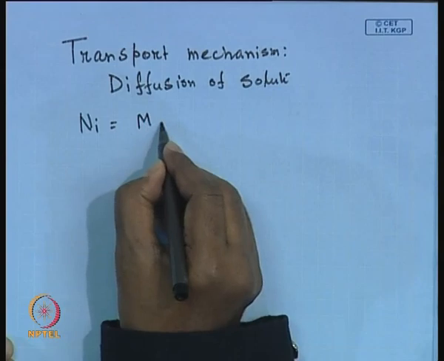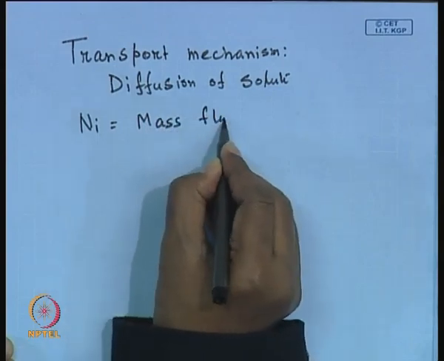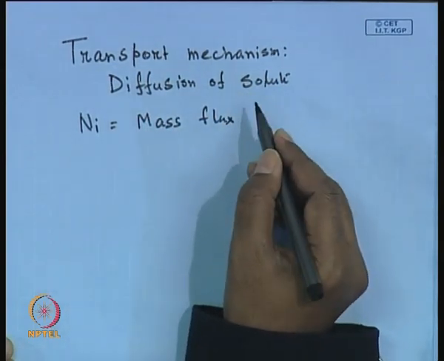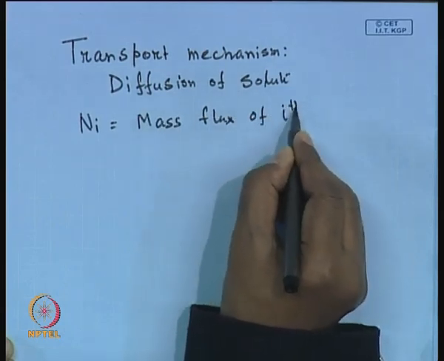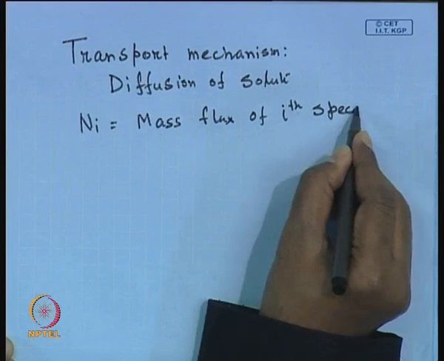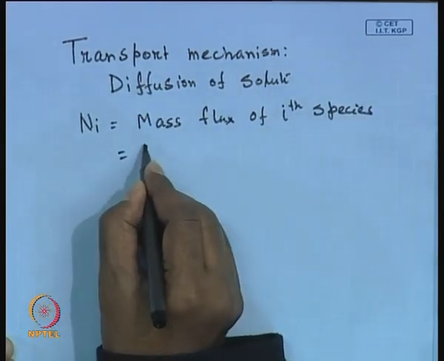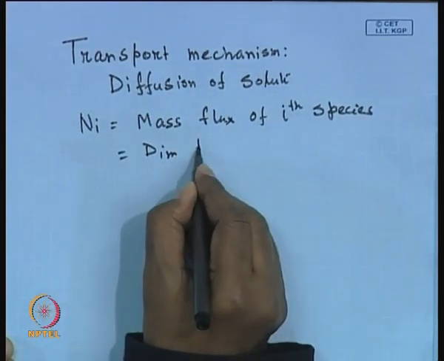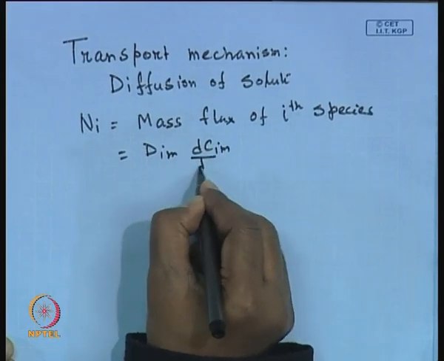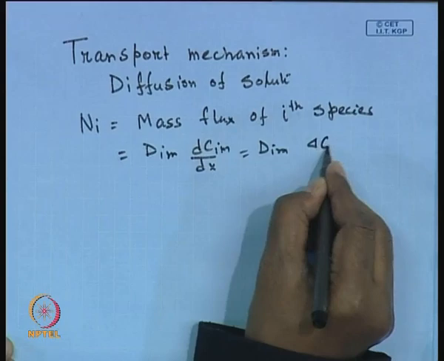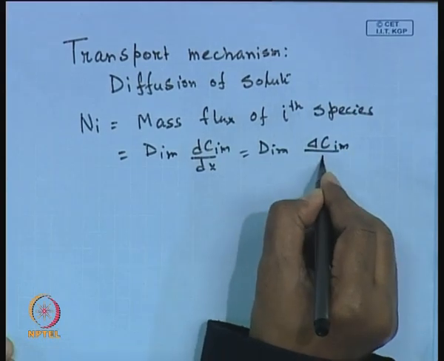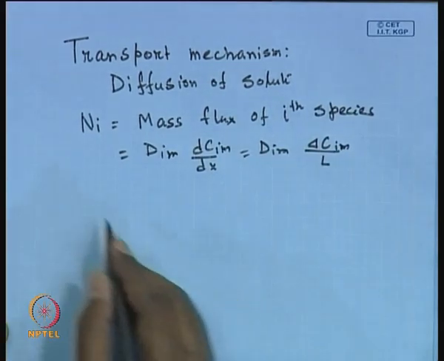Ni, we write it as mass flux or molar flux. It depends on the unit of concentration that you are selecting of the ith species. This is nothing but Dim dCim/dx.